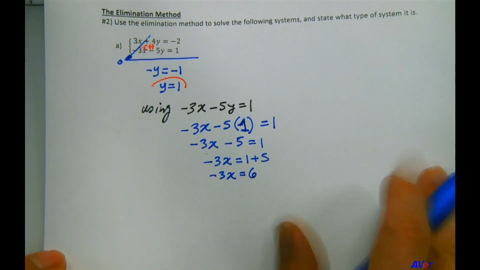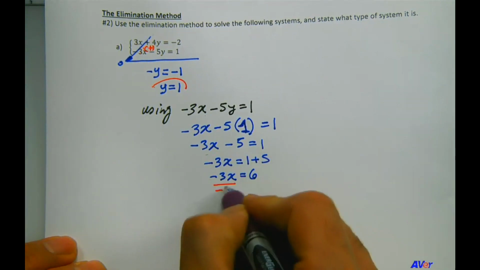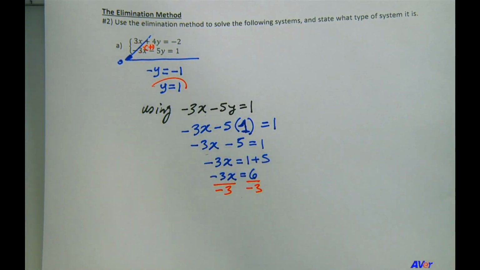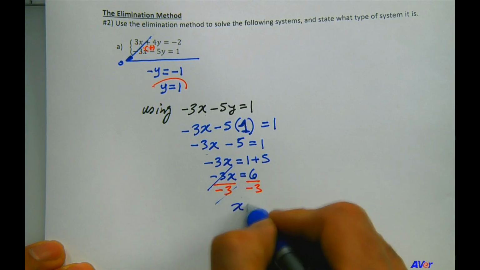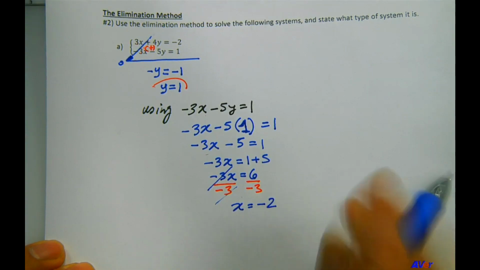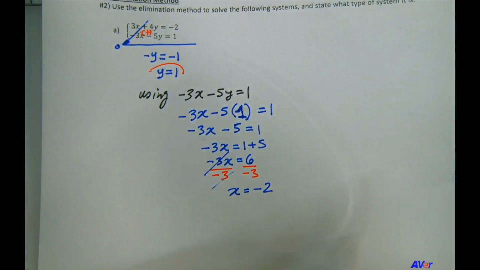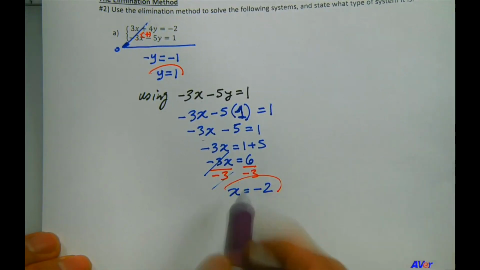No, it's got a negative 3 next to it. How do we get rid of it? Divide both sides by negative 3. On the left, the negative 3's cancel out. We end up with x equals minus 2 on the right. So that's the solution for one of the variables.